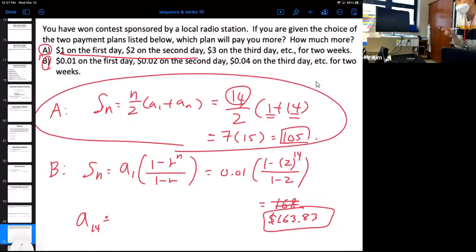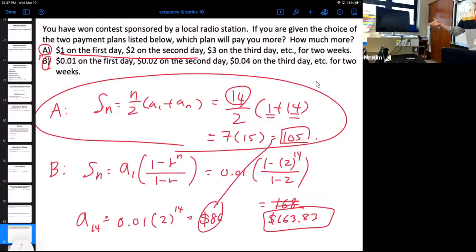But even if you do the explicit formula, on the 14th day, how much do you earn? 0.01 times the common ratio of 2 raised to the power of 14. If you type that into the calculator, I believe you get around $86. So just on the 14th day, it is on par with the summation of all those dollars that you earn in the 14 days when you choose Plan A.